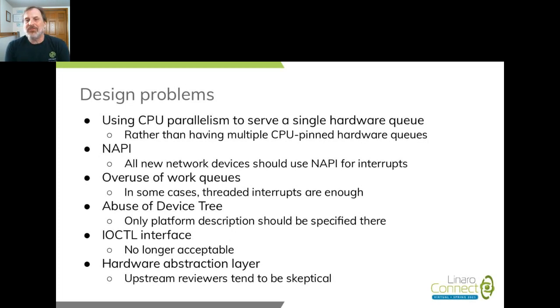Abuse of the device tree, I call it abuse, but basically what they did is they tend to use device tree in their downstream code as a place to put various configuration options. And I understand that doing that actually seems like a nice, convenient way of expressing some things like that. But upstream, that's not acceptable.